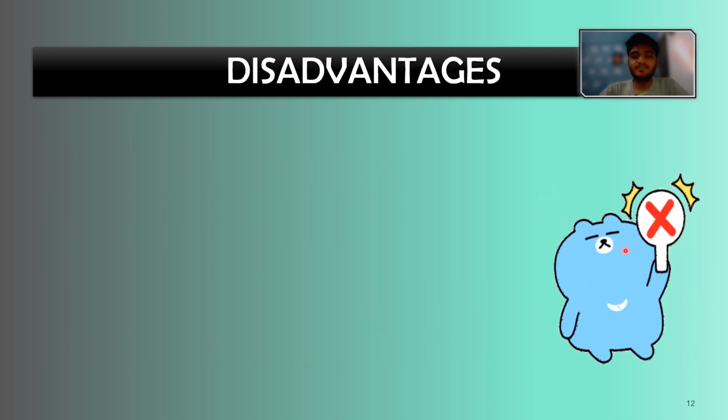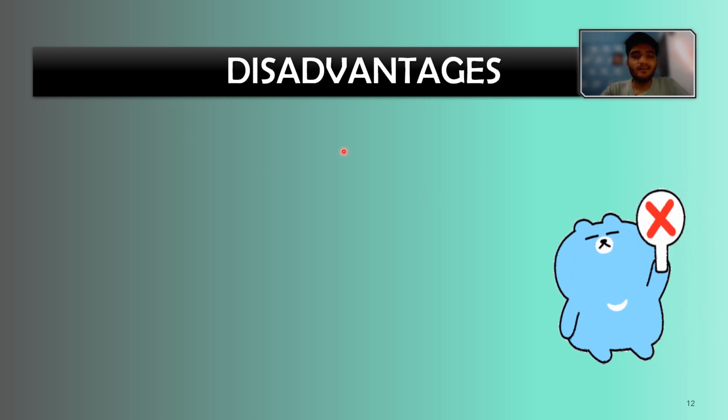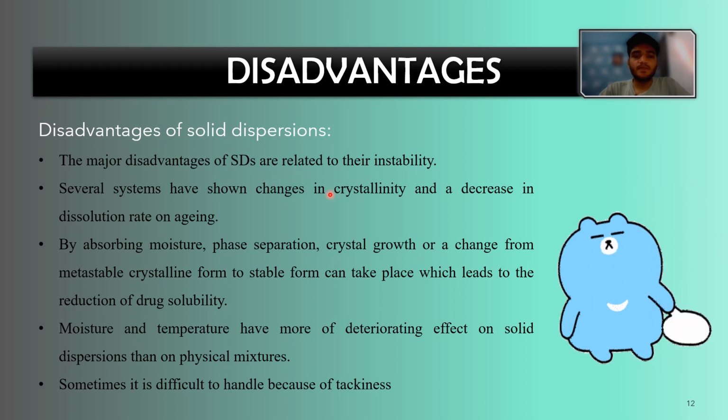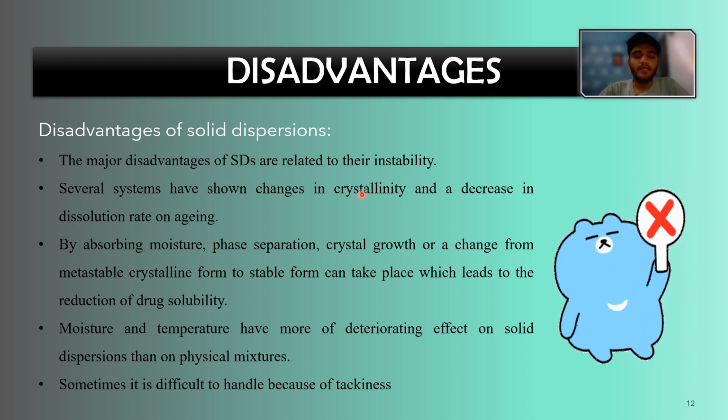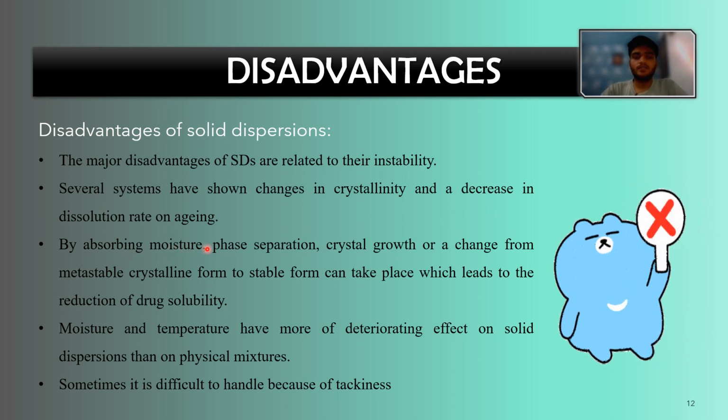As you can see, this beaker is showing the red mark, that is the disadvantage of solid dispersion. The major disadvantage of solid dispersion is its instability. Several systems have shown changes in crystallinity and a decrease in dissolution rate on aging.